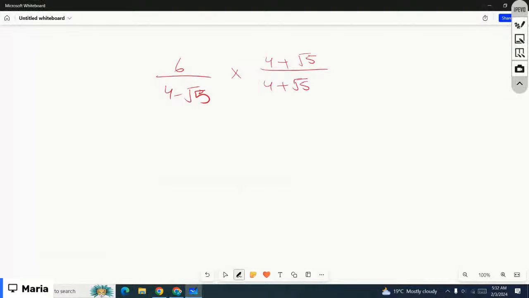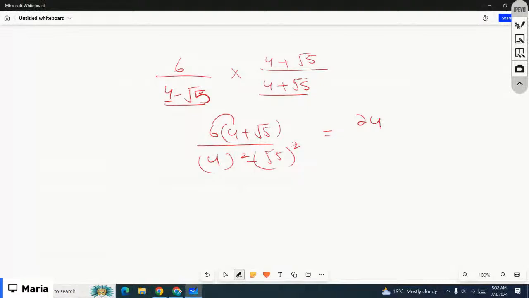So you can do 6 times 4 plus square root 5, and a minus b, a plus b, you can write a square, that is 4 square minus square root 5 square. The square and square root cancel out. You are left with 6 times 4 is 24, and 6 times square root 5 is 6 square root 5. And here you have 4 times 4 is 16, 16 minus 5. So that is 24 plus 6 square root 5 over 11.